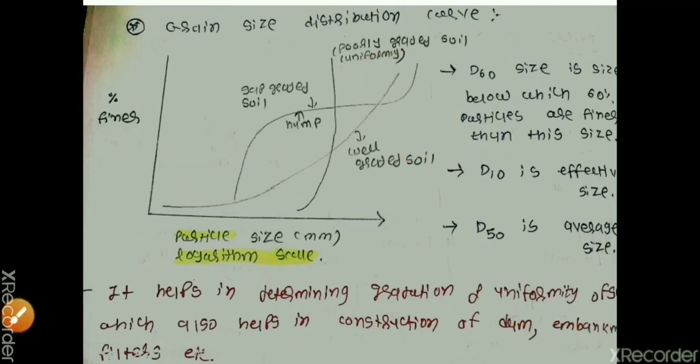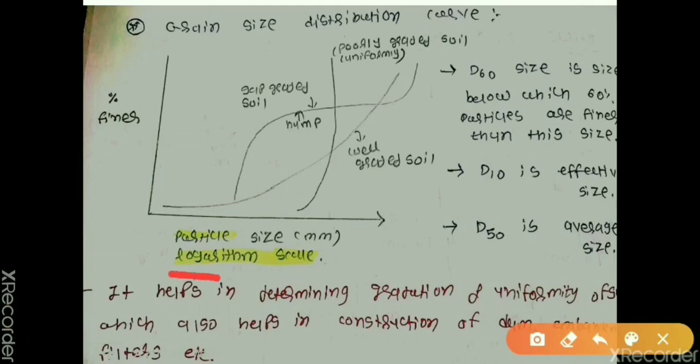On the x axis is the particle size, and in this plot is the well graded soil curve. In well graded soil, certainly all particle sizes are present, there is no missing size, and all particle sizes are present almost in equal proportion.